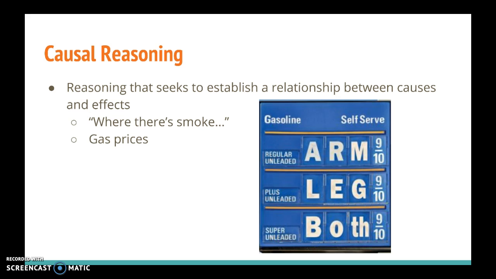It was actually shown in various different studies that people took fewer driving vacations because of the increase in gas prices, and more people started carpooling to work. A lot of people started taking public transportation. And so we know that when gas prices go up, the amount of casual driving goes down. That's causal reasoning. One thing leads to another.